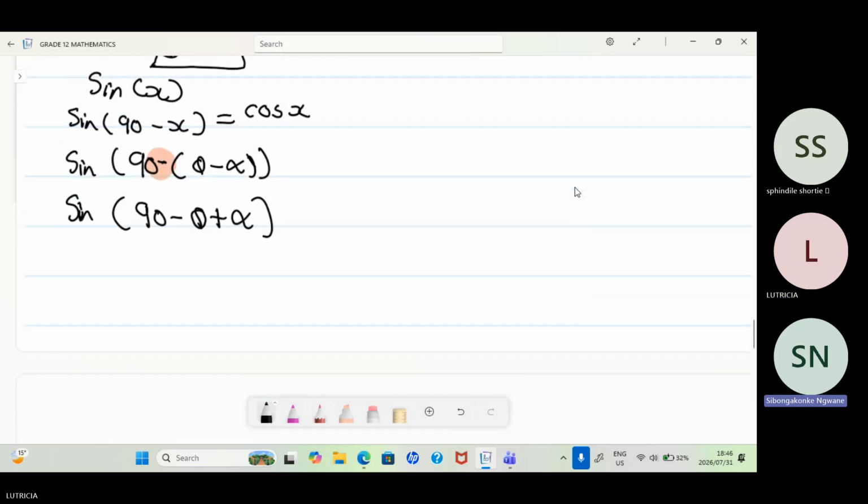After that you return theta minus alpha instead of x, then you just do the compound angle normally. I think it will still work.